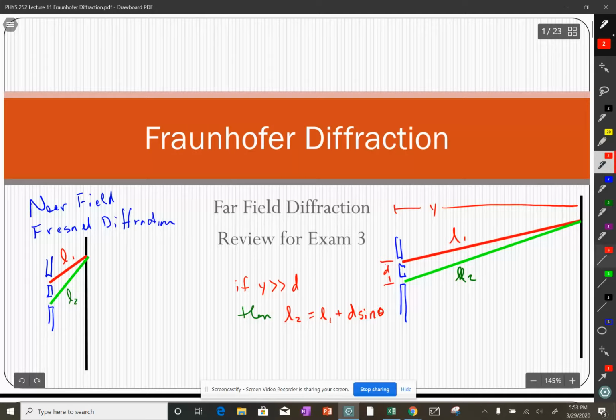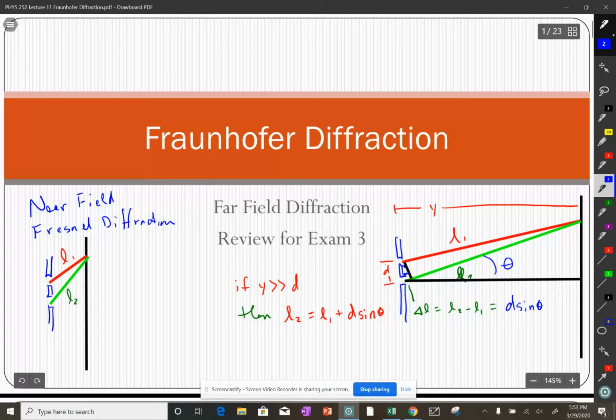And we get that equation because if they're very, very far apart, then if I draw a perpendicular there, I have an isosceles triangle, and the additional length is right here. And if I draw the line that goes out to the screen perpendicular to the screen, I have an angle theta here that is the same as the little angle right there, theta. And so geometrically, the opposite side is the difference in length, and that's going to be d sine theta.